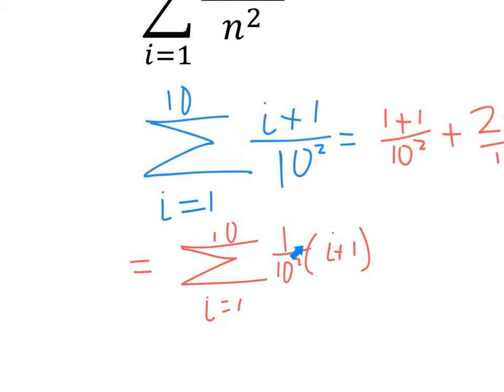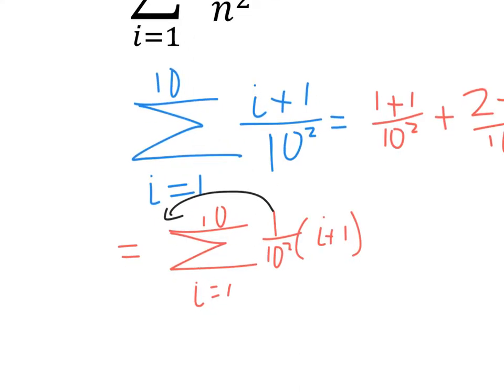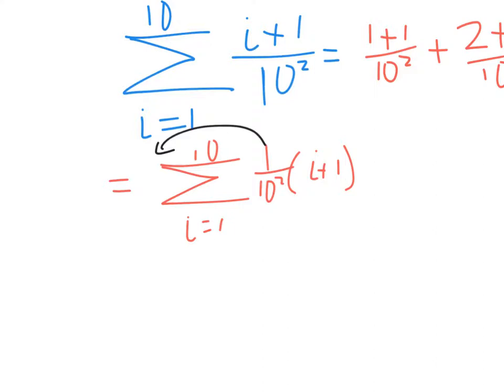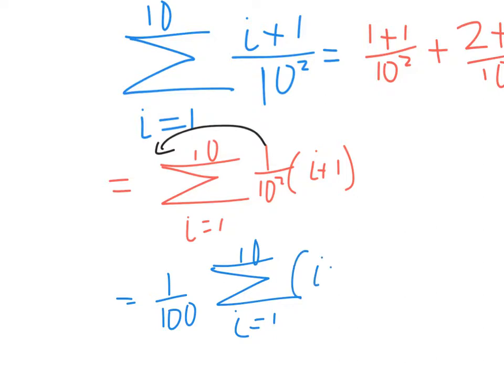And here we have a constant times this parentheses, so we can pull this constant out, right? We had a little rule that told us that. So we can pull that out, and so we have 1 over 10 squared, or I'll go ahead and put that as 100 now, times the sum of i equals 1 to 10 of i plus 1.